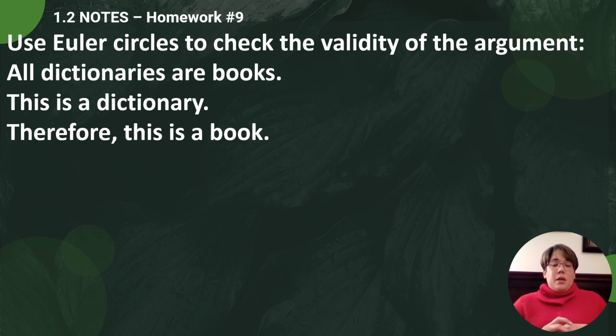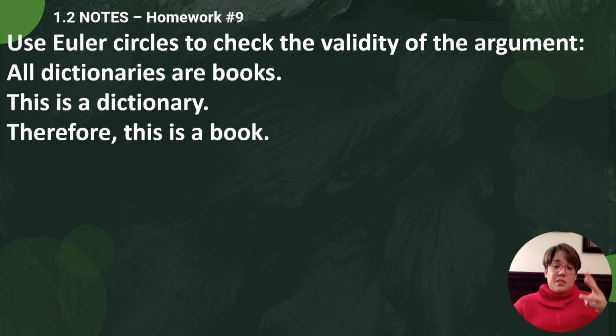These are called syllogisms, like 3-line little syllogisms, and they want you to use these circles to check whether this is a valid statement or not. The first line is what tells you which set of circles to use.